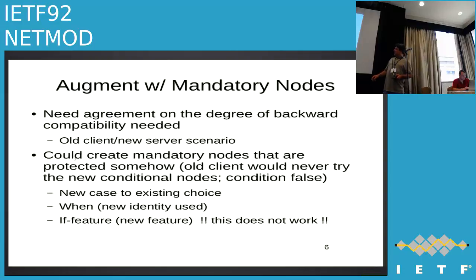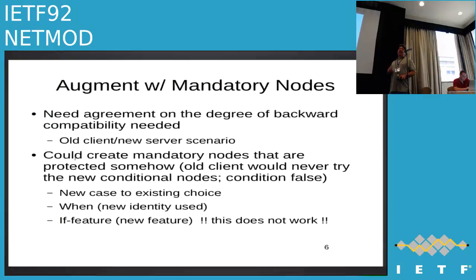We've discussed that if you have when type equals new identity, then the old client won't know about this new identity, so it won't try to create the entry with that type, and that protects you from that client inadvertently adding this mandatory node.